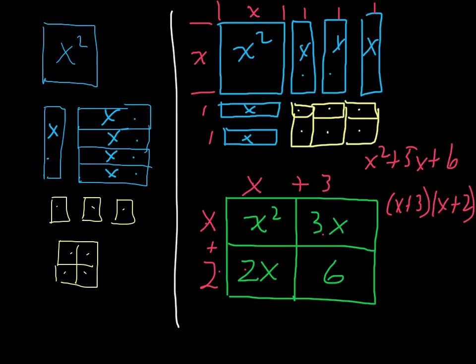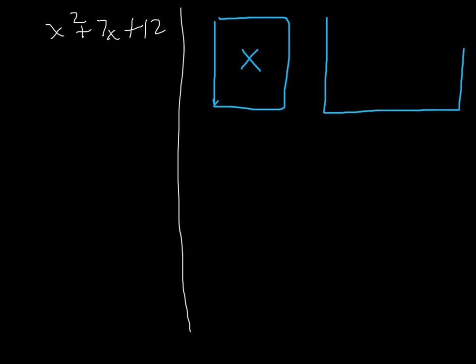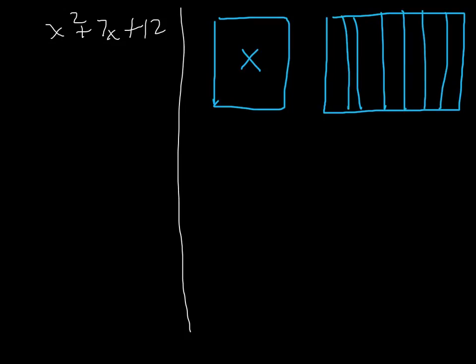All right, take a look at the last thing here. Okay, so here we have a quadratic, and we would like to create a rectangle with this. So I'm going to start by putting my pieces out there. So I have an x squared. And then I have 7 x's. 1, 2, 3, 4, 5, 6.